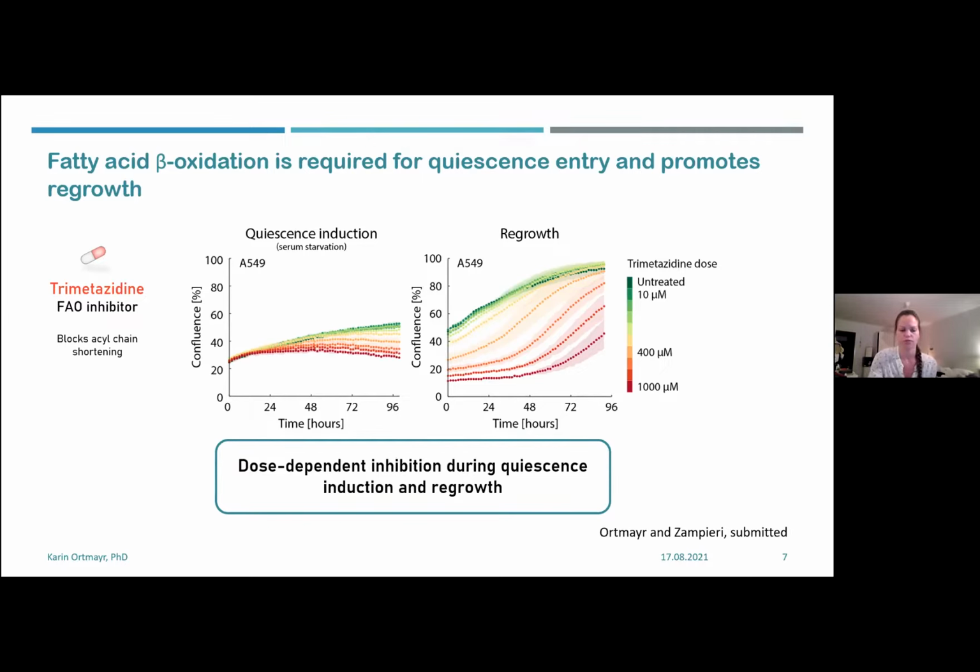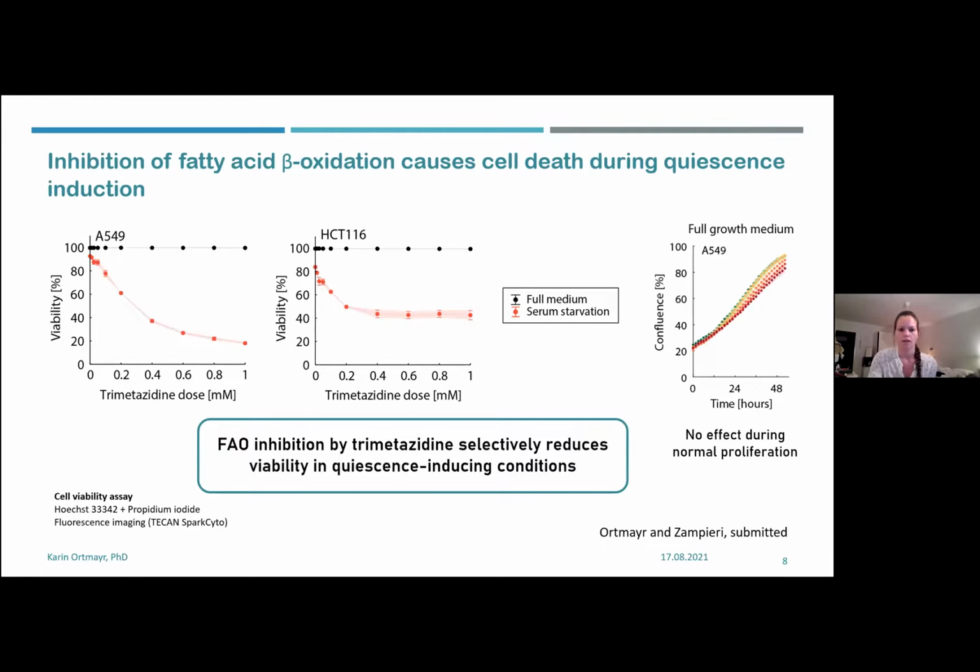So this was a very intriguing finding that we may have found a metabolic mode that is really essential in this quiescence-inducing environment. This became even more evident when we looked at the effects on viability, not only on the growth inhibition. Across the entire concentration range that we tested, we saw a dose-dependent reduction in viability, and trimetazidine really induced cell death in these cell populations.